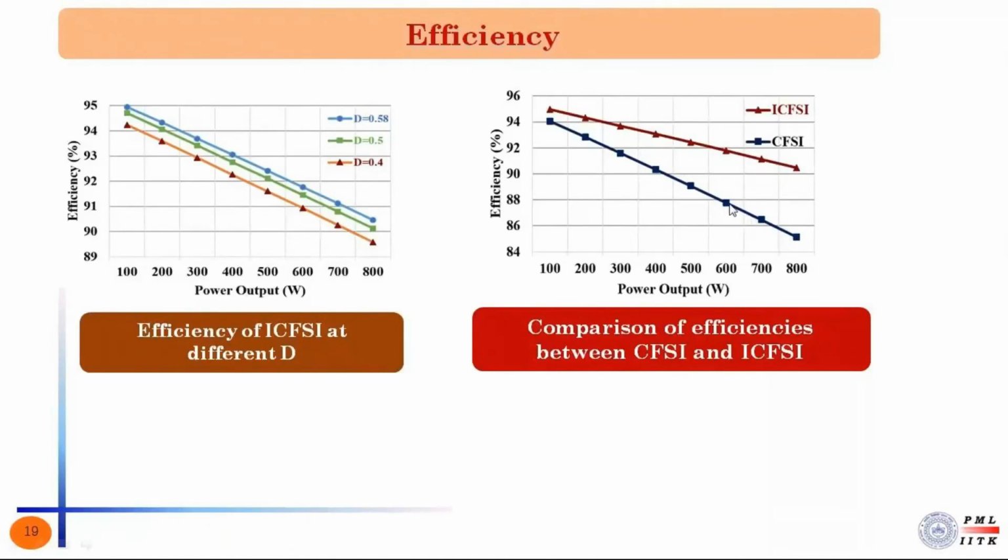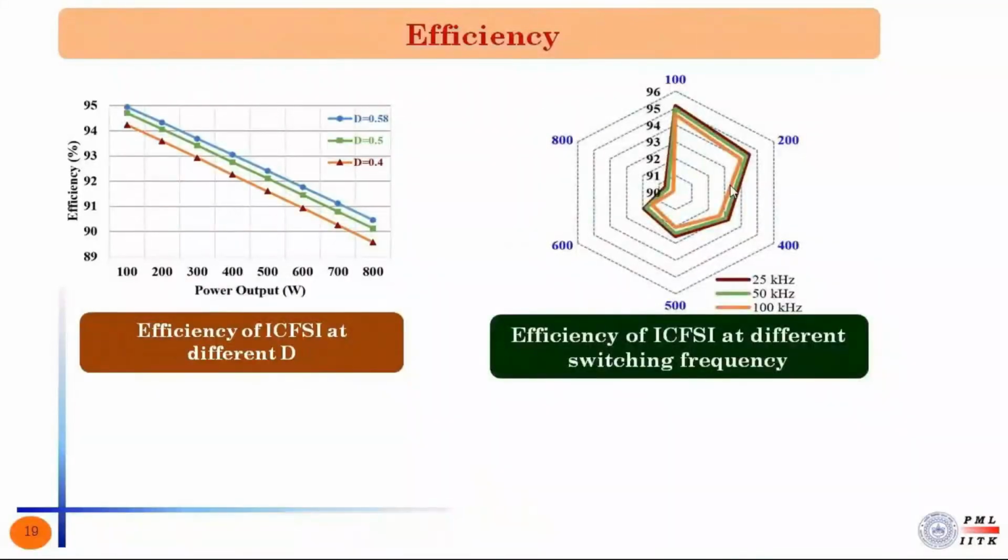So at 600 watt, we have almost achieved a 4% improvement in efficiency. Now this plot shows the efficiency of interleaved CFSI at different switching frequencies. As the switching frequency of the converter increases, the switching loss in the converter increases, which reduces the efficiency.